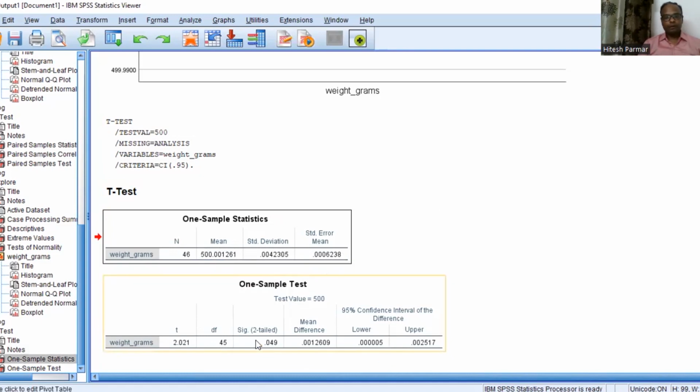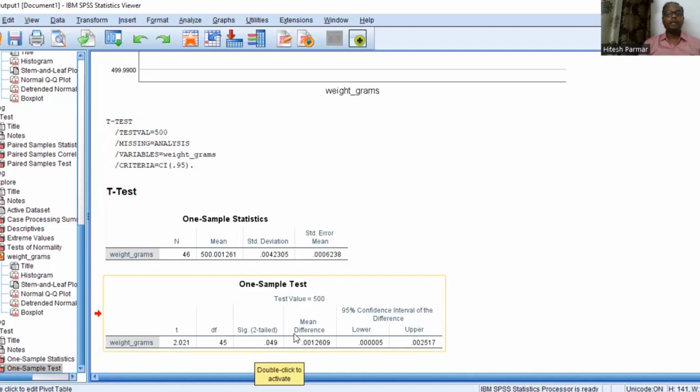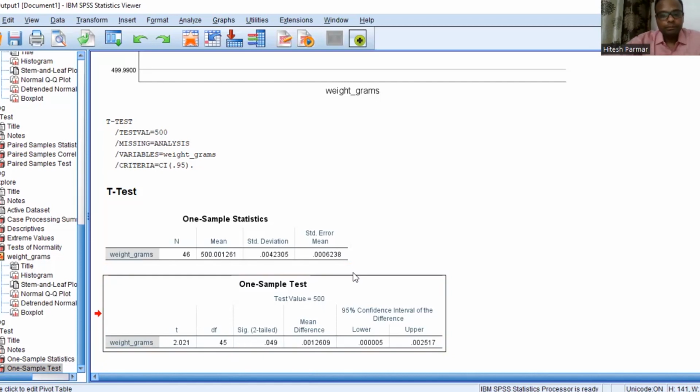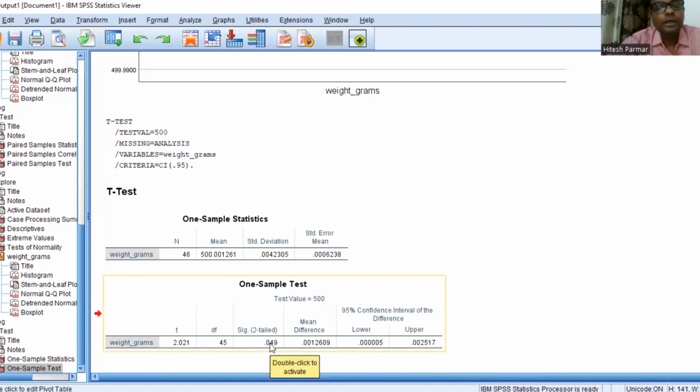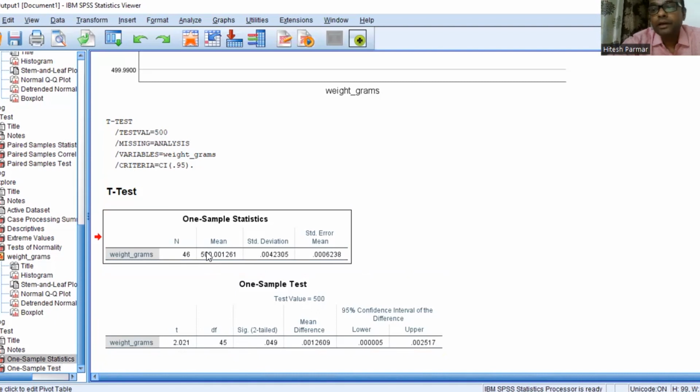What is our p-value? 0.049. So we reject our null hypothesis, because as the p-value is less than 0.05, you have to reject your null hypothesis. It can be understood that there is a significant difference between the sample mean and 500.